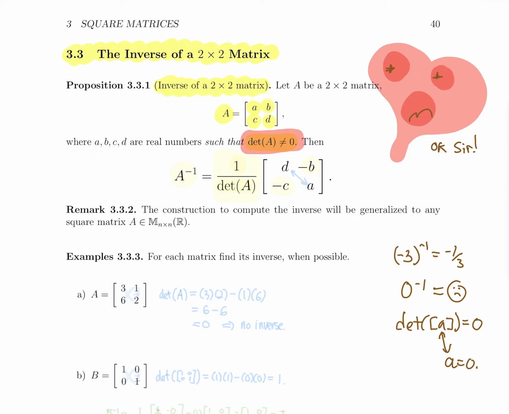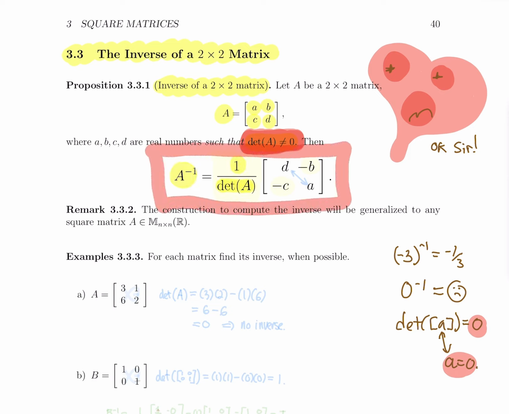For 2 by 2 or n by n in general, it's slightly more complex, but the determinant is a way to determine if your matrix has an inverse or not. So if the determinant is 0, basically you cannot find the inverse, or you cannot divide by that matrix.